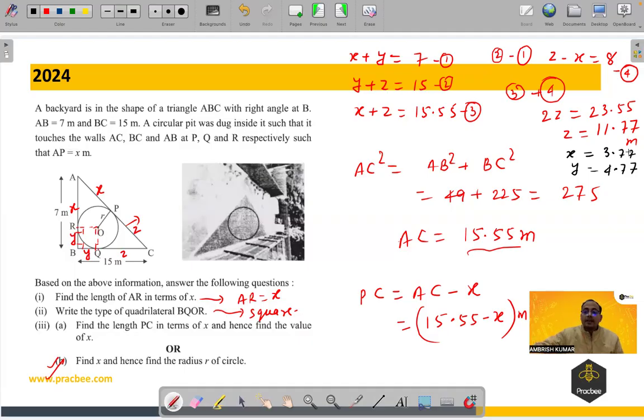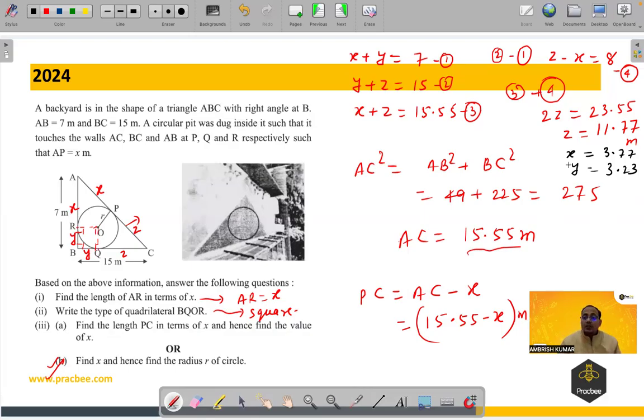Right? Not 4.77, just a second. So just subtract 3.77 from 7, so 3.23, right?